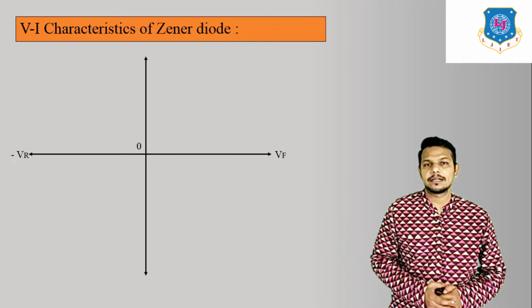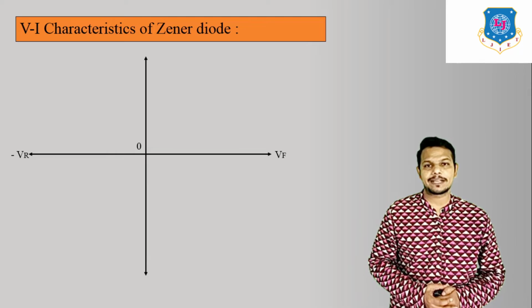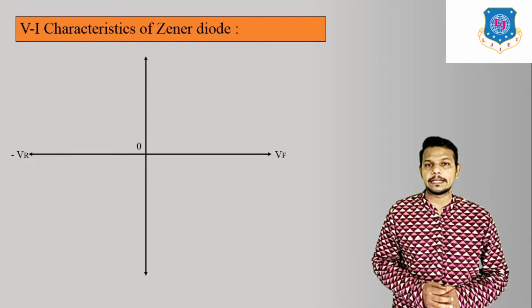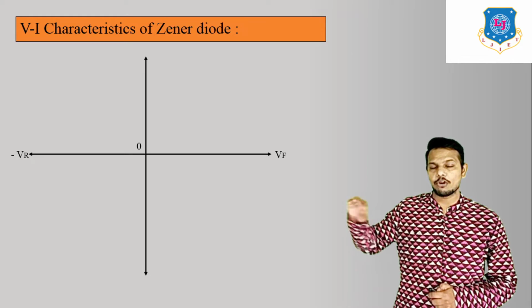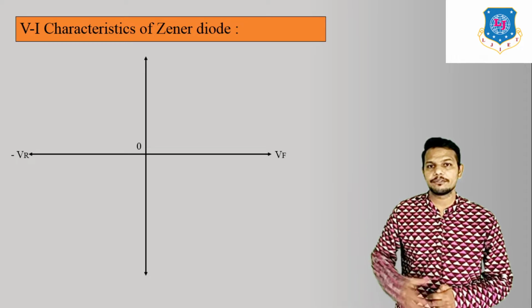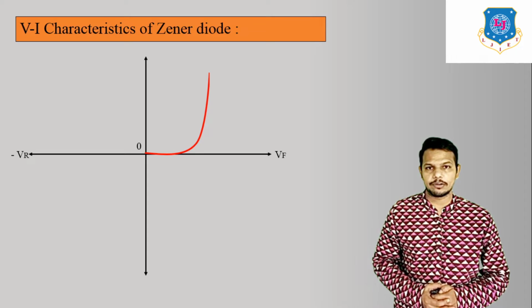Now in this graph, we will discuss the VI characteristics of the Zener diode. Specifically, the Zener diode is used for reverse bias. Here we can see the characteristics of forward bias.